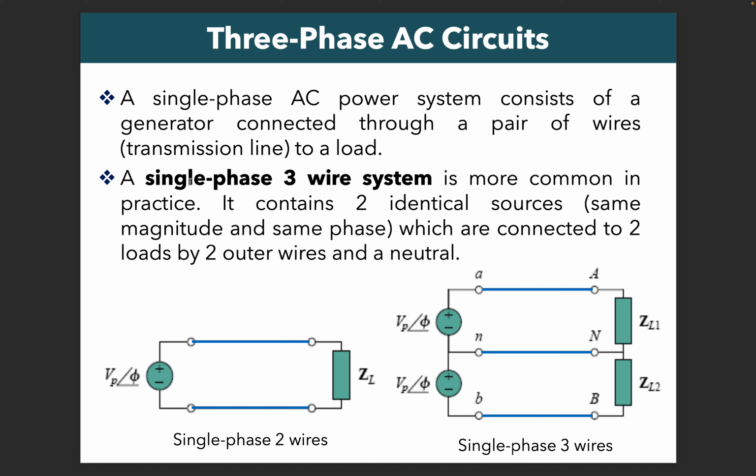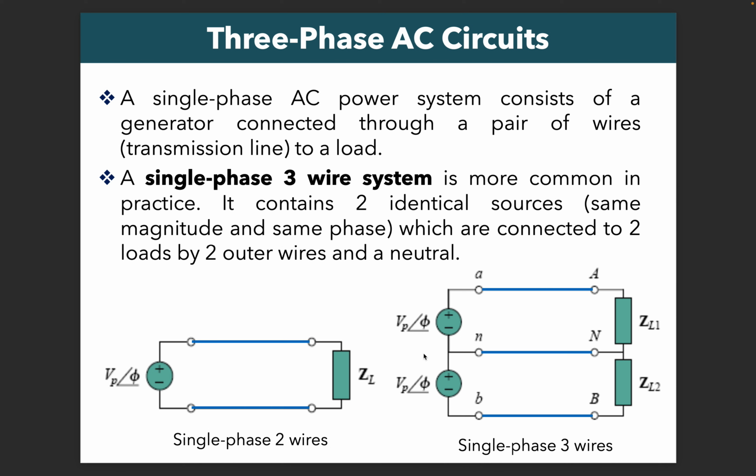There's also a single-phase 3-wire system, which is more common in practice and contains two identical sources. The sources are identical in that the peak voltages are the same and the phase angles are the same.